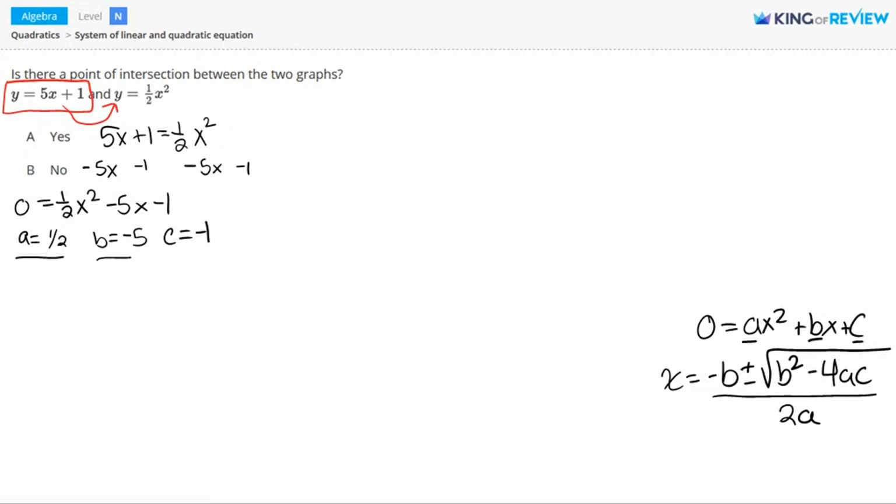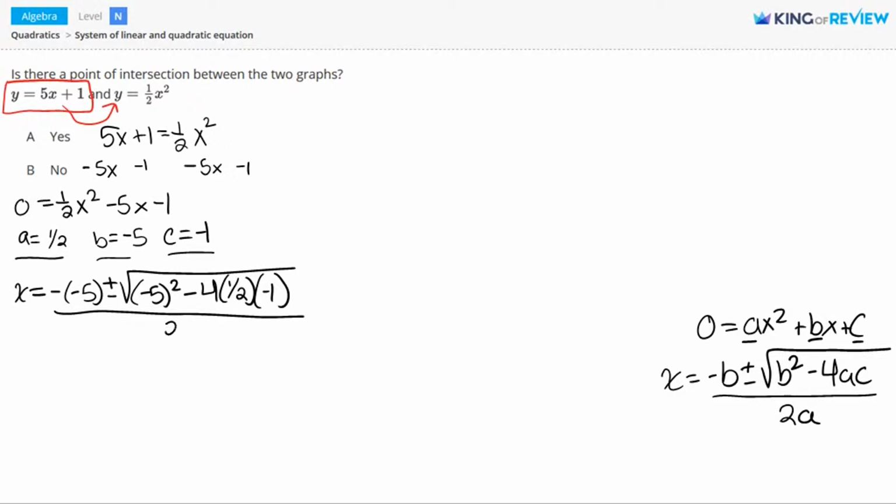Let's plug these three values into the quadratic equation and solve for x. So we have x equals minus -5 plus or minus the square root of -5 squared minus 4 times 1/2 times -1, all divided by 2 times 1/2.